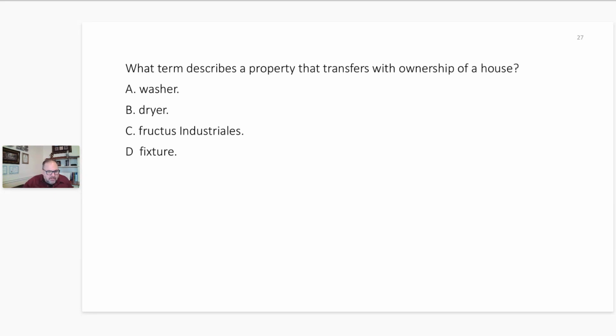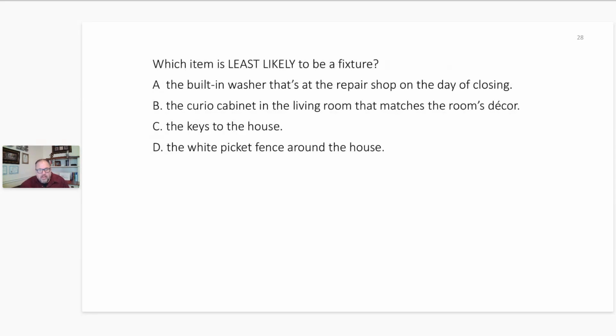Now, the third question I wanted to ask about fixtures is, which item is least likely to be a fixture? You have to go through here and ask yourself, which item in here is least likely to be a fixture? Go ahead.